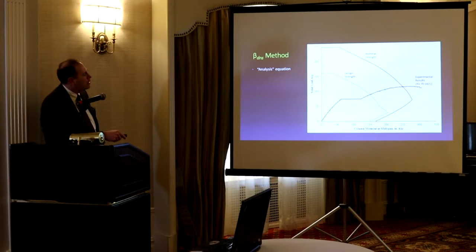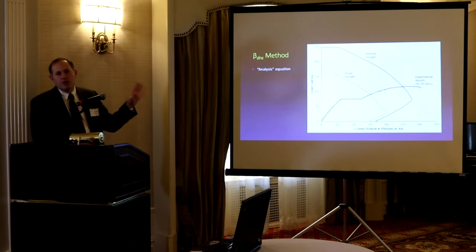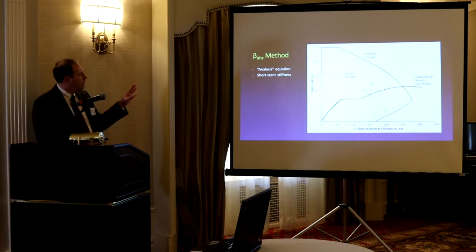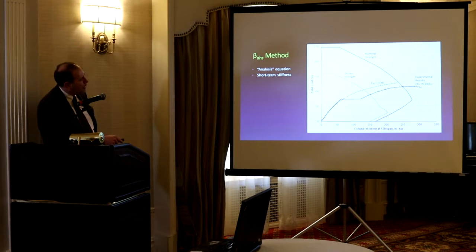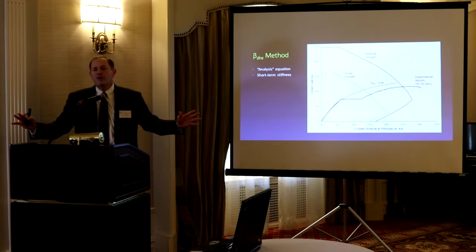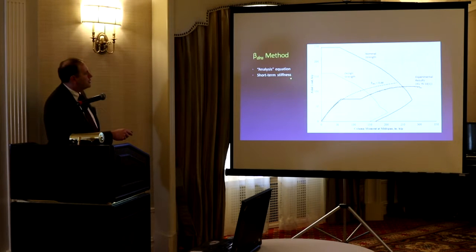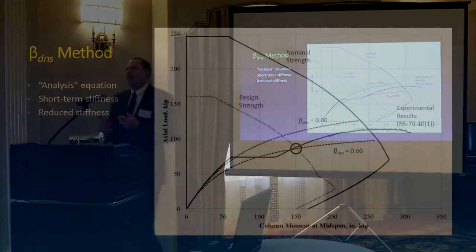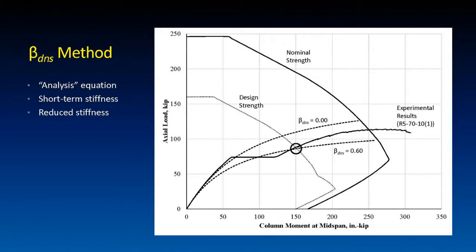This equation is what we use because that was a little better than design. We were trying to figure out how to get there closer. So that's coming up here, and I mentioned it does pretty good. This is beta DNS is 0, meaning there is no sustained load effect. Short-term stiffness, there we go, and we fit. Reduced stiffness. So the code actually has a commentary that mentions I can just use 0.6.